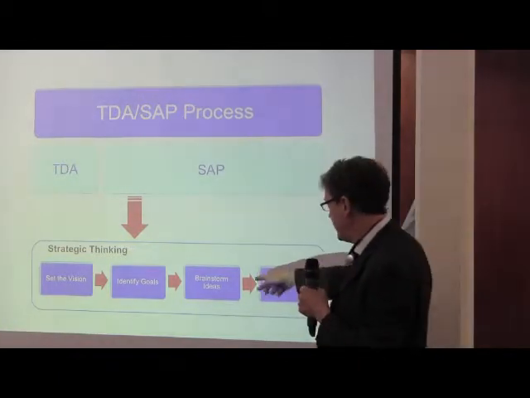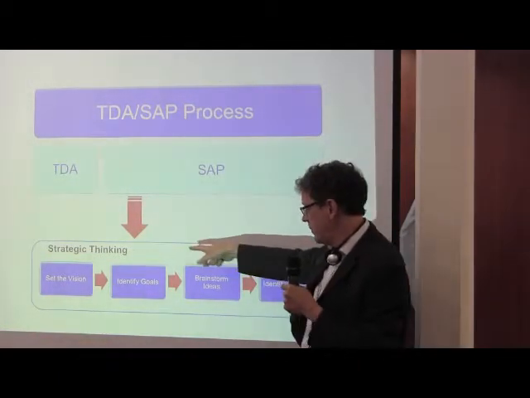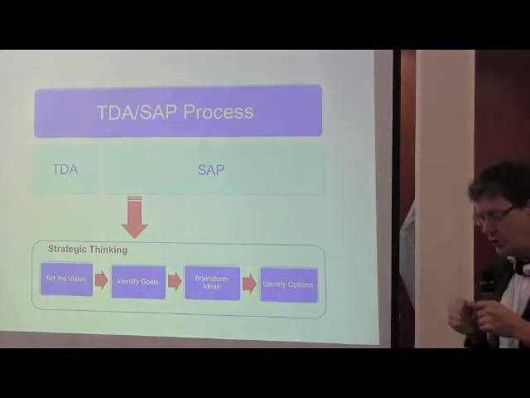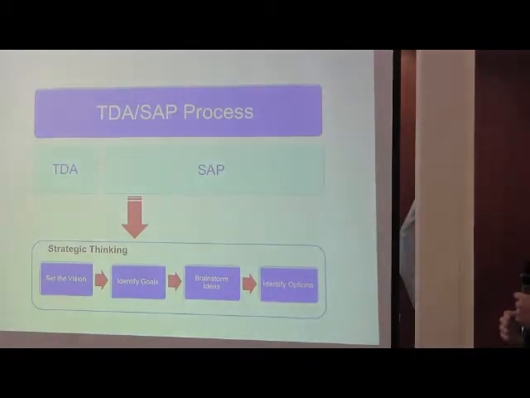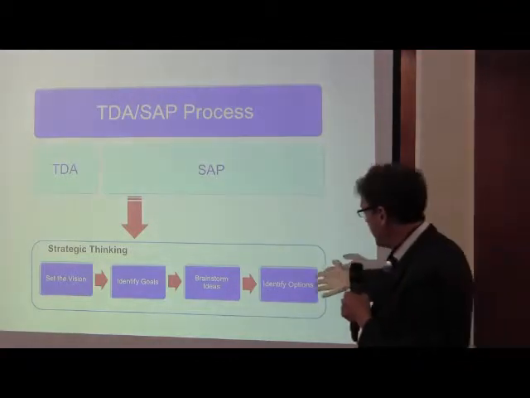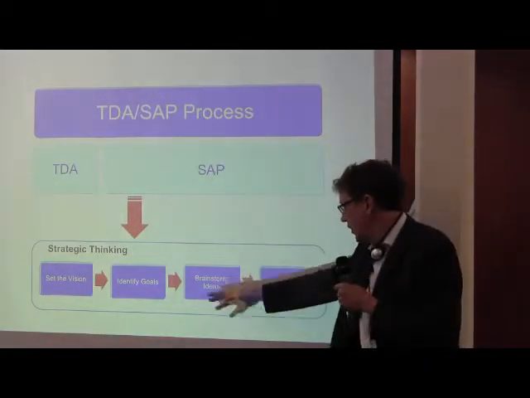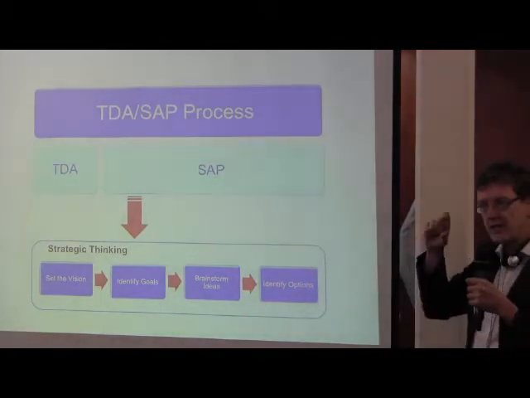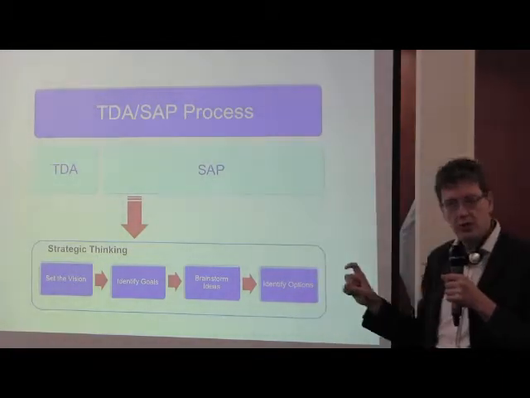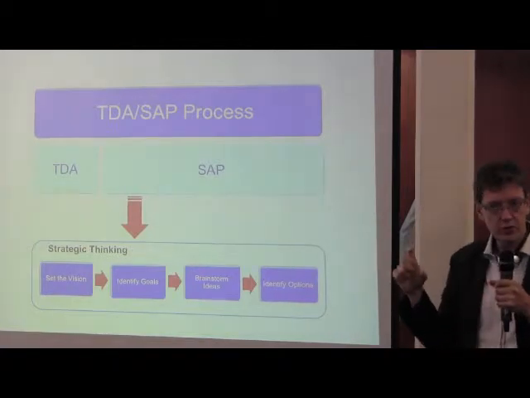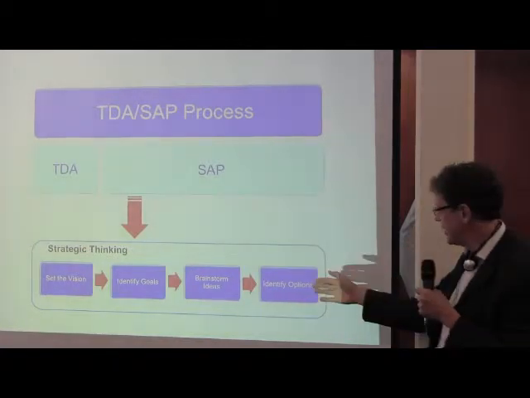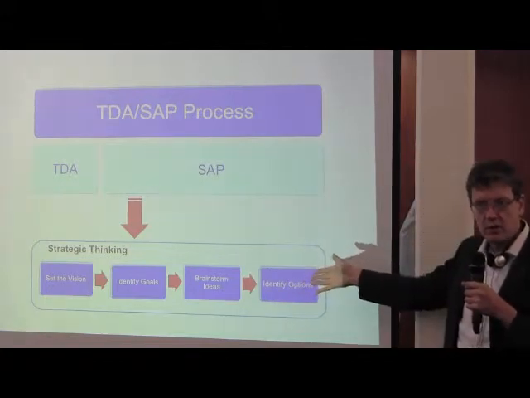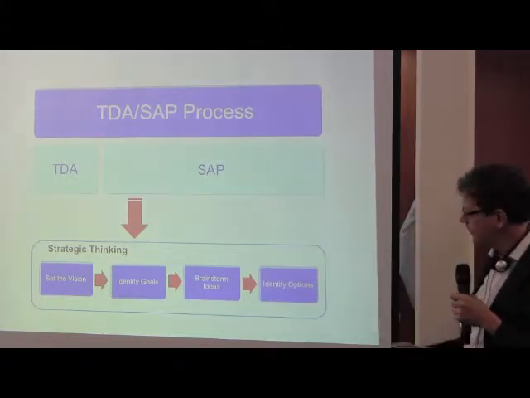Thirdly, it's about coming up with new ideas that meet the goals and will hopefully reduce the problems identified in the TDA. And fourthly, going through all of those ideas and fine-tuning them to get a set of options that could then be taken into a national consultation process. So these are potentially ideas that will then become solutions. Okay?